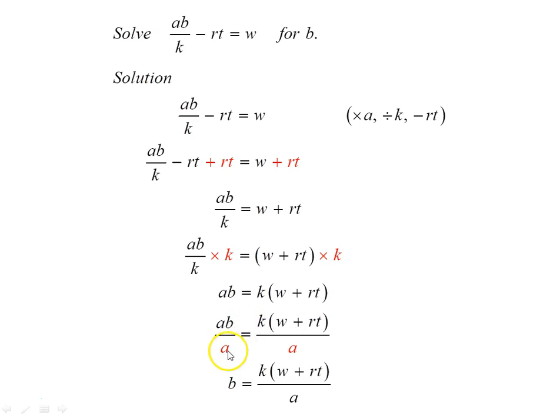Now on the left, a divided by a is 1, so we're just left with 1b, b, all by itself. And on the right-hand side we're left with k times this object in brackets, w plus rt, over a. And that's our solution. b equals this object here.